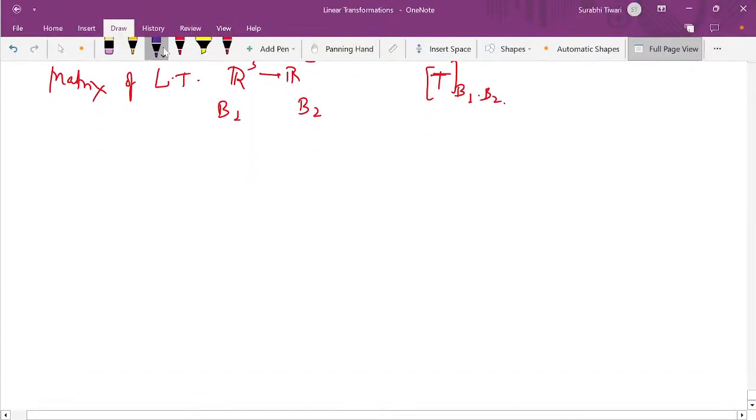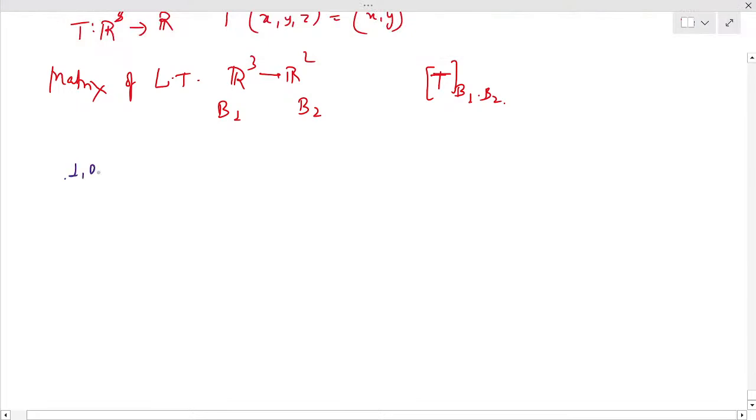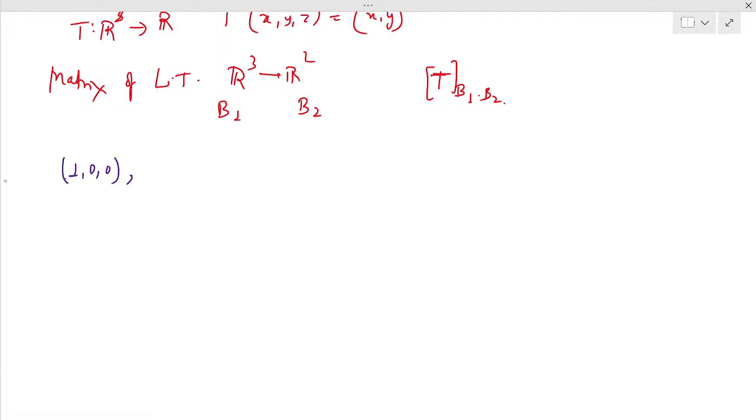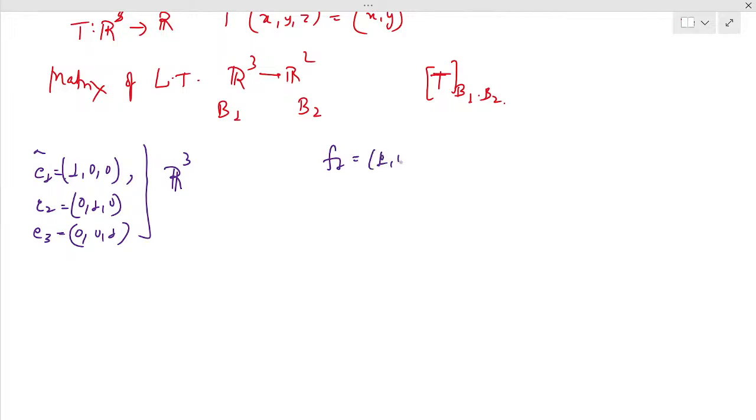If you remember, for R cube the standard basis vectors are e1 equals (1, 0, 0), e2 equals (0, 1, 0), and e3 equals (0, 0, 1). These are the standard bases of R cube. What are the standard bases for R square, in ordered way? f1 would be (1, 0) and f2 would be (0, 1).